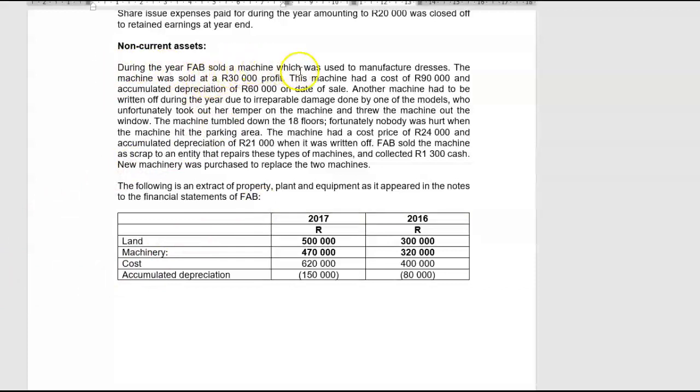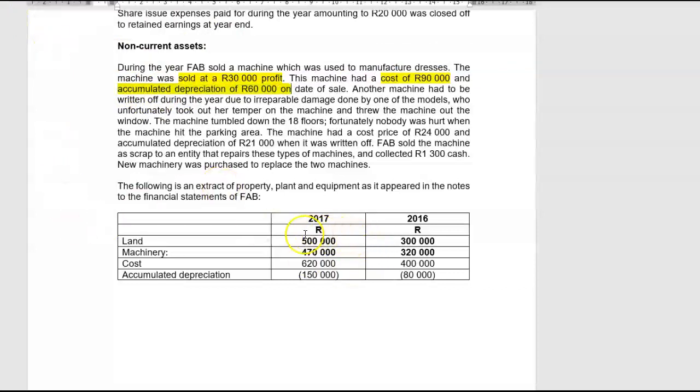During the year, Fab sold a machine which was used to manufacture dresses. The machine was sold for 30,000 Rand profit. This machine had a cost of 90,000 and it had accumulated depreciation of 60,000 at the date of sale.